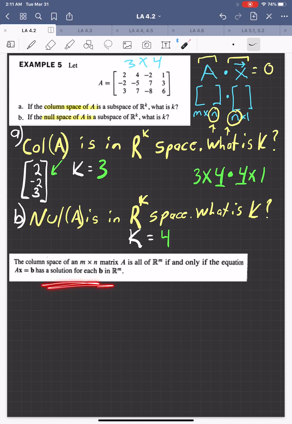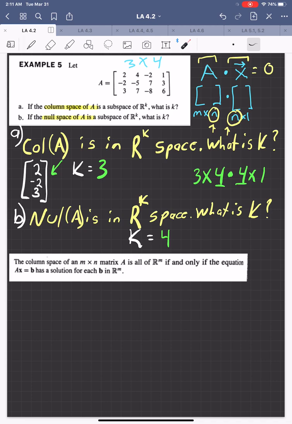The column space of some matrix A is going to be all of Rm, remember, column spaces are in Rm, but it'll be all of Rm if and only if the equation Ax equals b has a solution for each b. So it will span all of Rm.